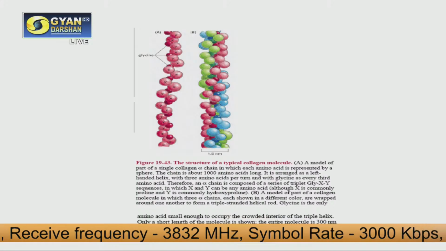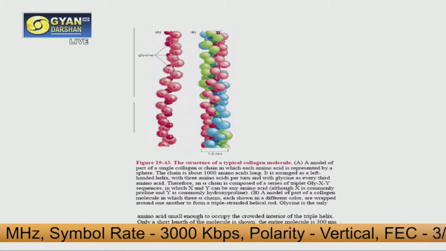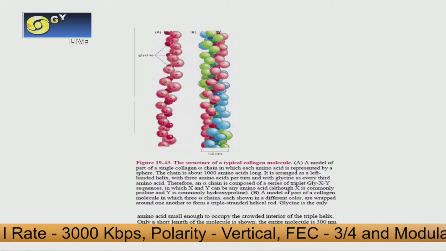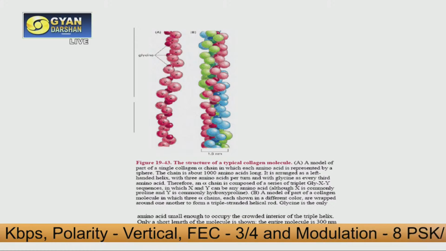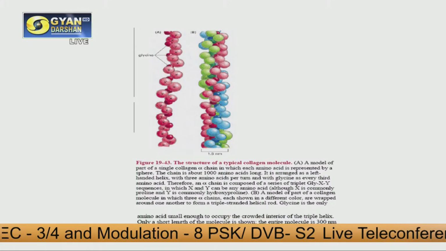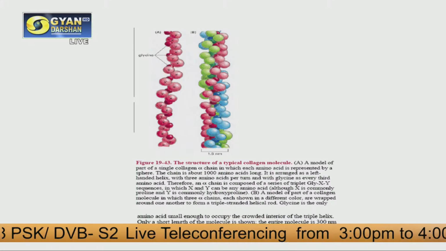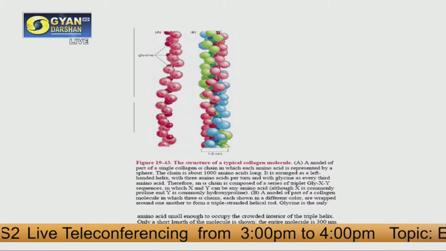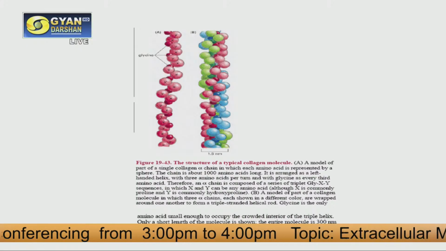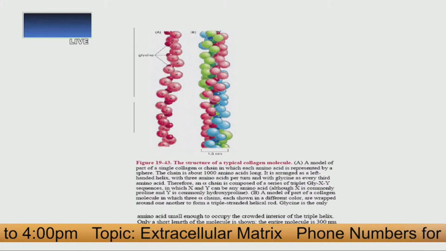Number 2, it is a left-handed helical structure. Very important, left-handed helical structure. 3 amino acids per turn, and glycine is present at every third amino acid position. So every third amino acid of this molecule is a glycine.